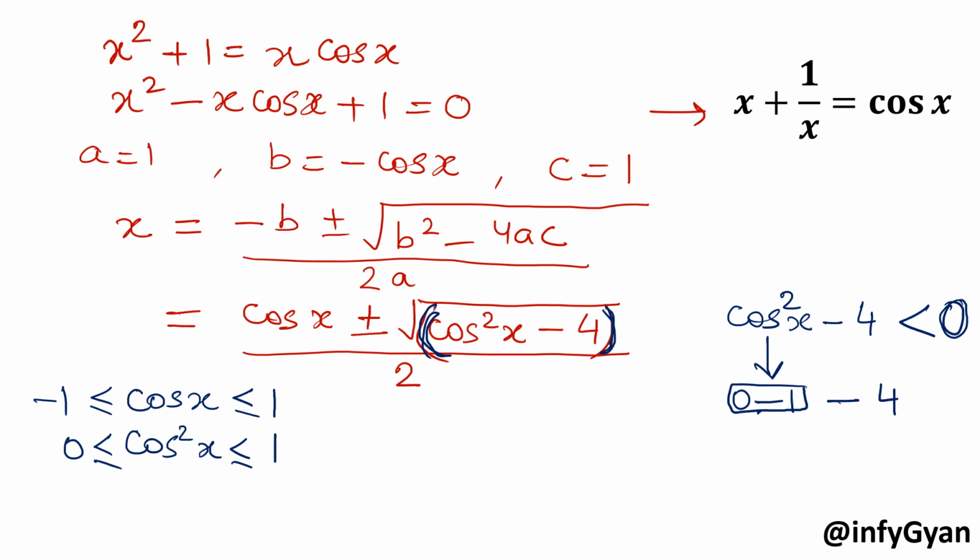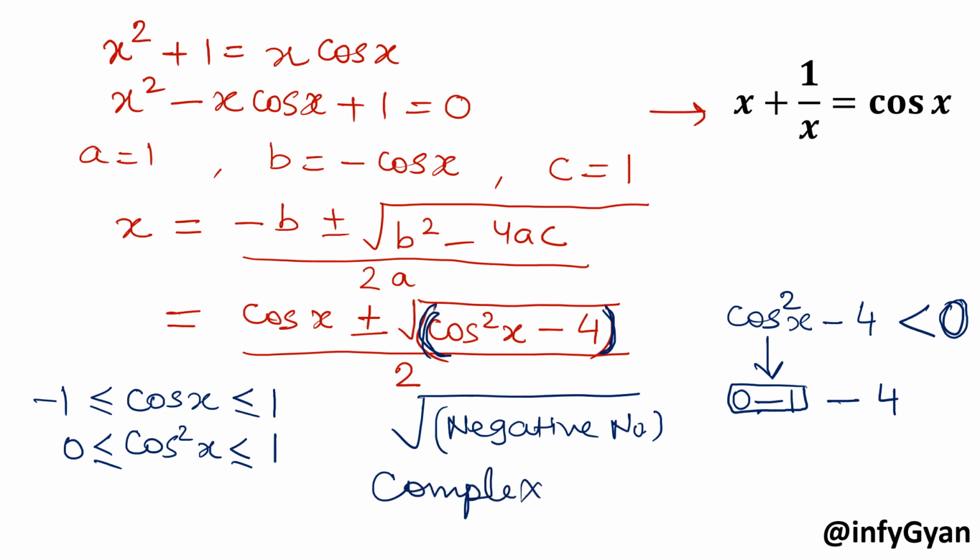This b square minus 4ac is called the discriminant. If it is negative, it means a square root of a negative number. Square root of a negative number means complex root, complex solution or non-real solution. So we won't get any real solution.